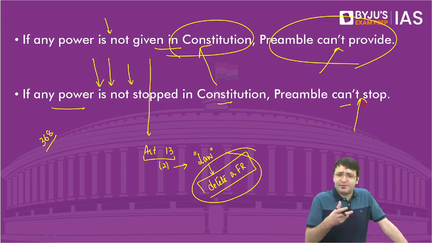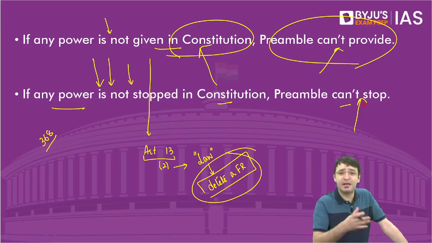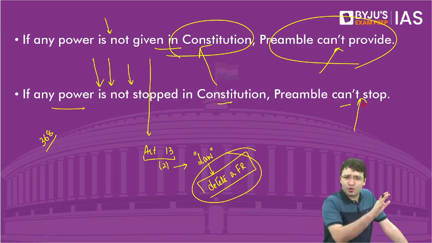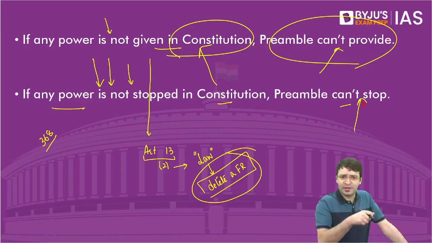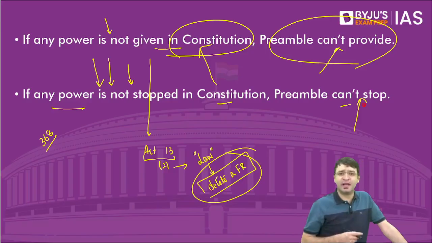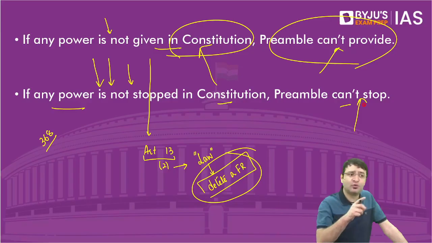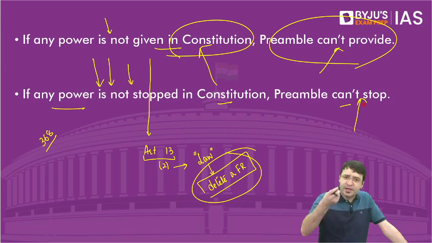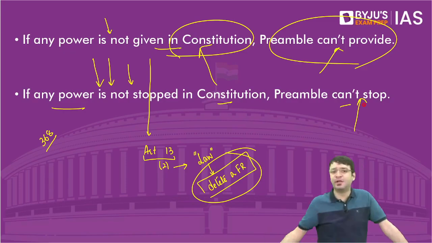But preamble itself is not enforceable in a court of law, which means you can't approach the court saying preamble has been violated or has not been implemented, because it is just the philosophy. But at the same time, if a power is given to the judiciary by the Constitution to impart justice, you cannot go to the court and say we will give this power to the executive by invoking the principle of sovereignty mentioned in the preamble.